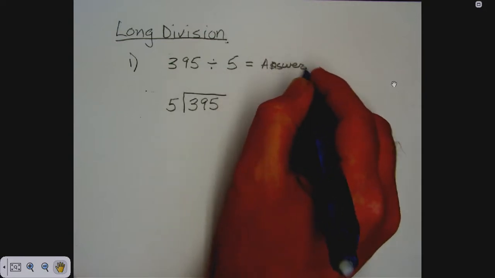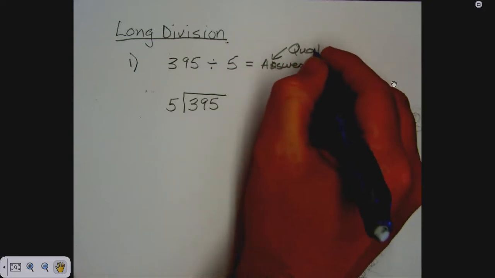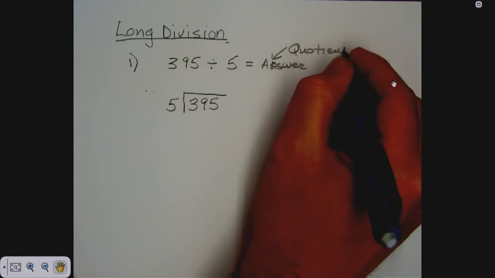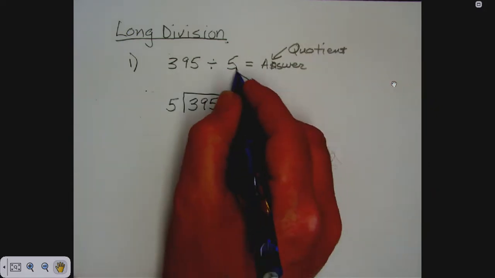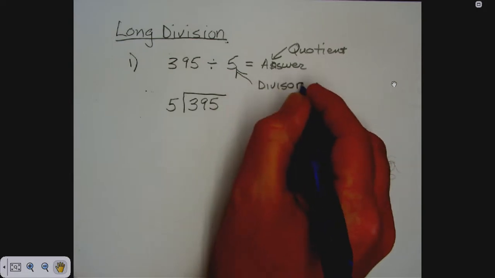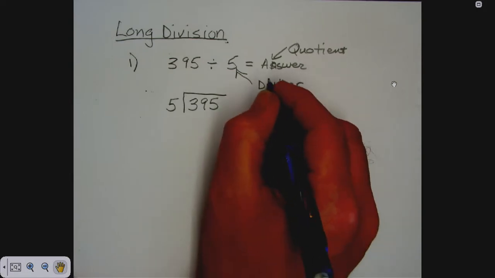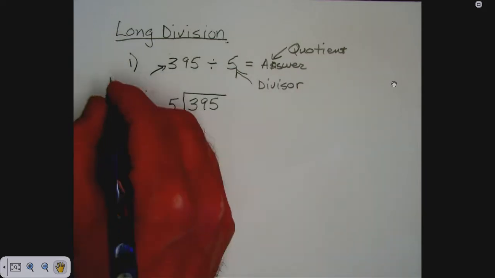You may recall that the answer we call the quotient. The number we're dividing by is called the divisor. And the number we're dividing here is called the dividend.